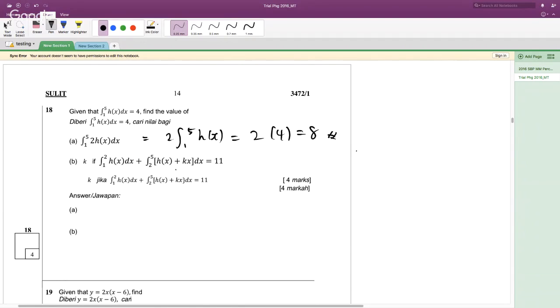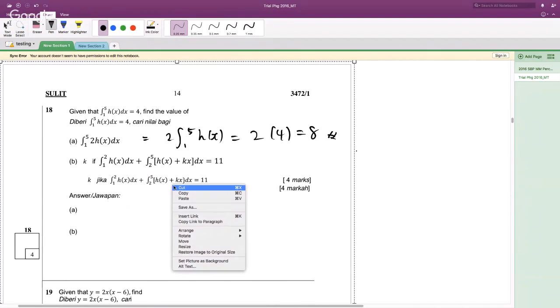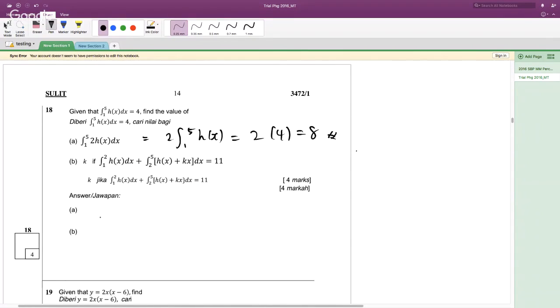Then for the second part it's the same thing. For the second part over here, I will do something like this: integral from 1 to 2 of h(x) plus, here, the integral from 2 to 5 of h(x), plus the integral from 2 to 5 of k dx equals 11.